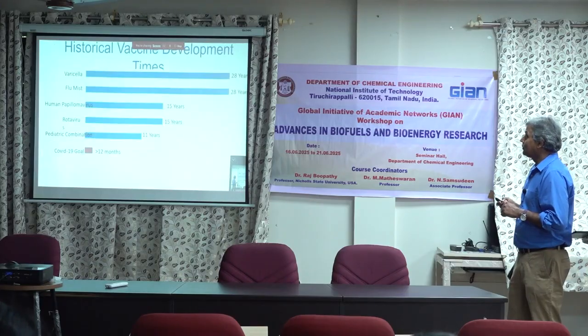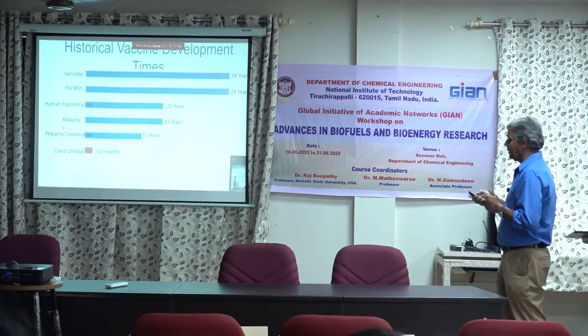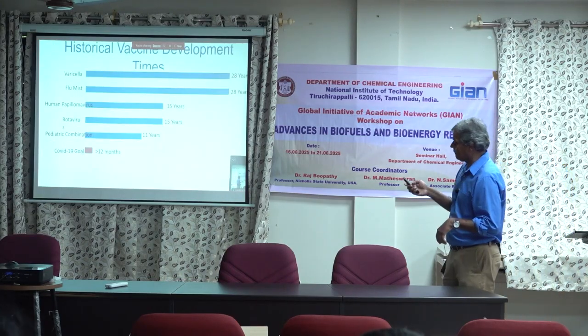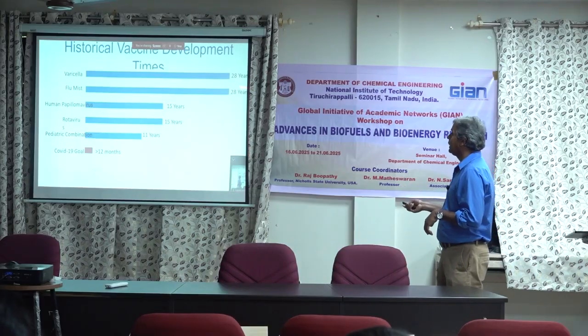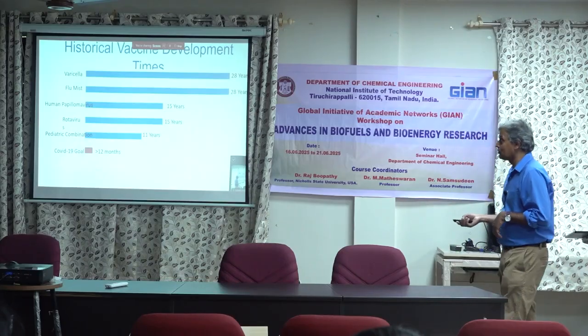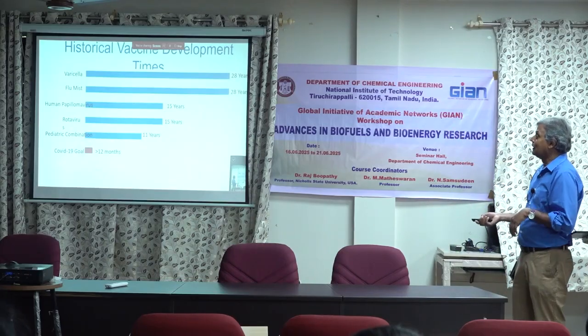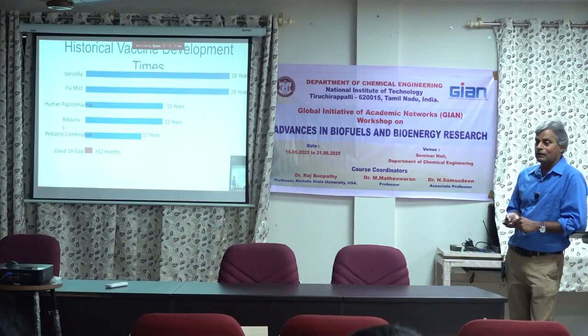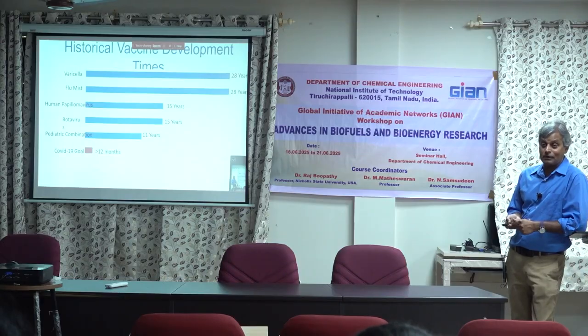Just to give you an example, the conventional time frame for making vaccine: varicella 20-80 years, flu mist vaccine 20-80 years, human papillomavirus 15 years, rotavirus 15 years, COVID vaccine 12 months. So this is one of the advantages of synthetic biology. You shorten the time frame to make the vaccine in such a short time.